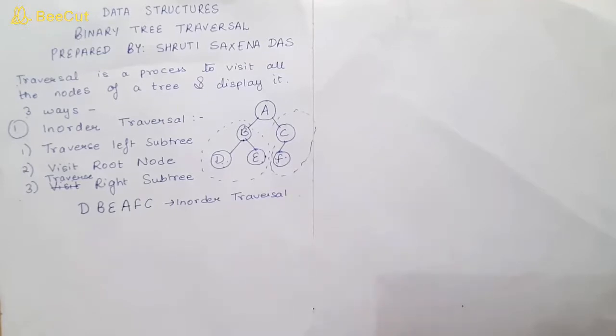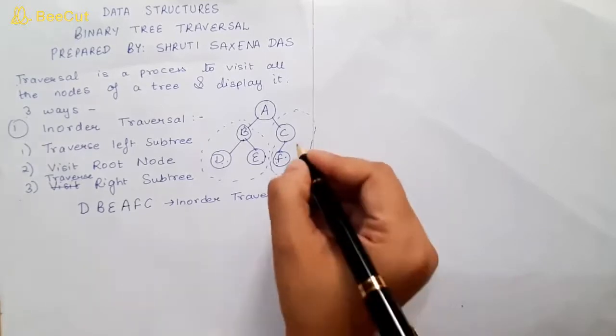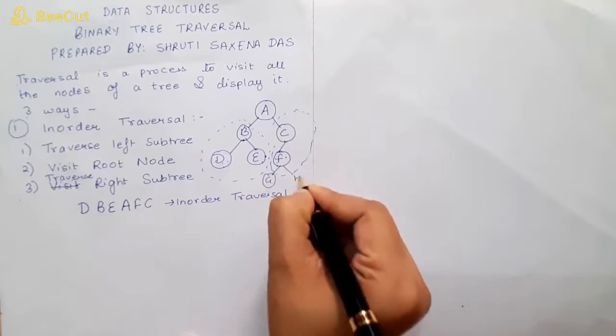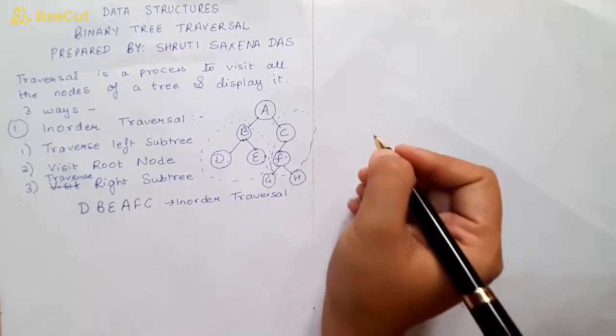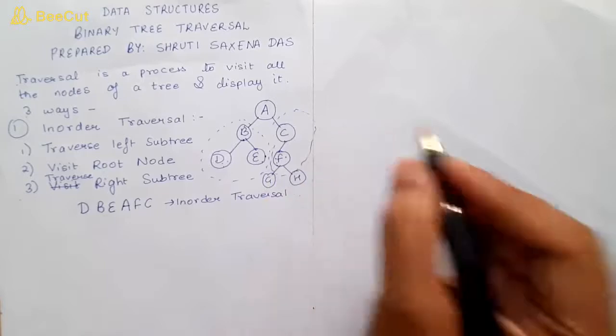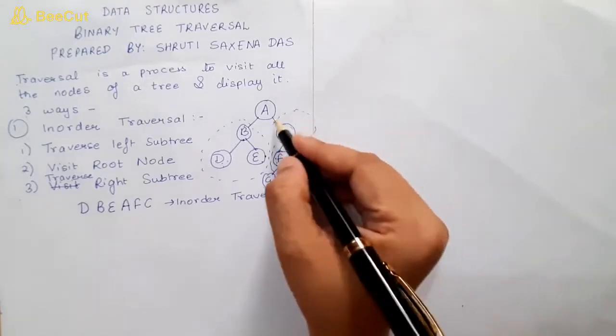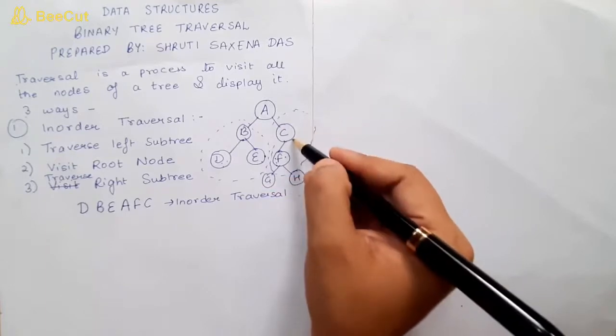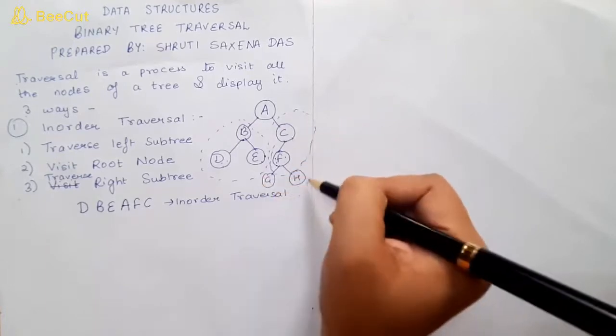In the right subtree, suppose you have some more nodes. Suppose here you have G and H. What will be the traversing order? When control comes to the right subtree of A, this is the root and this is the left subtree.